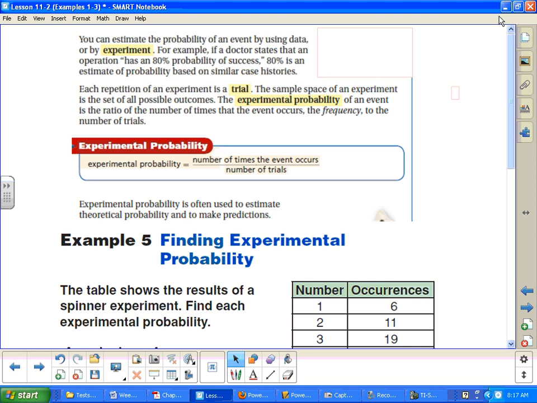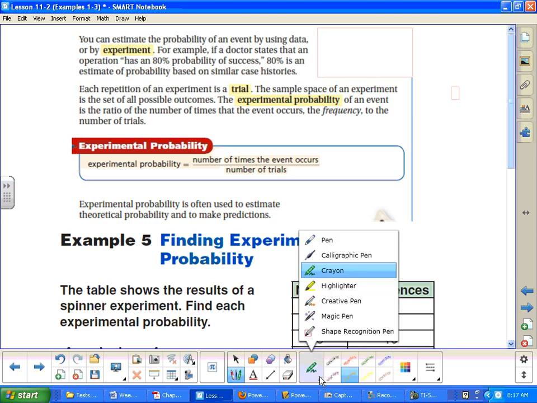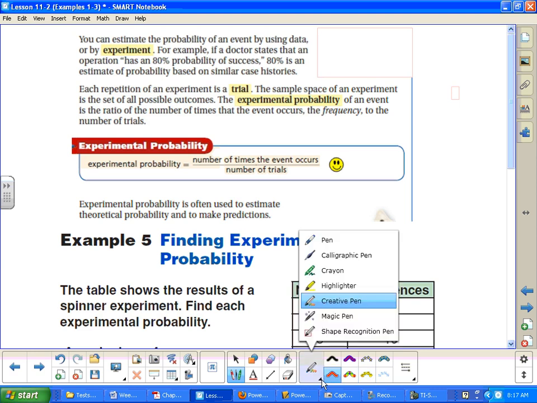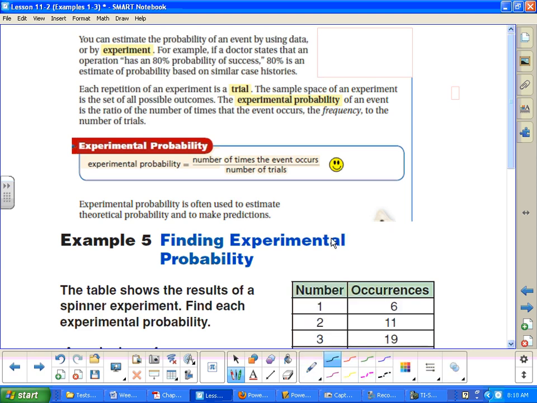But if you notice here, the formula for experimental probability is actually similar to the one for theoretical. Still, the number of times the event occurs, which would be favorable outcomes, in the numerator, over the number of trials, which would be the total number of outcomes.